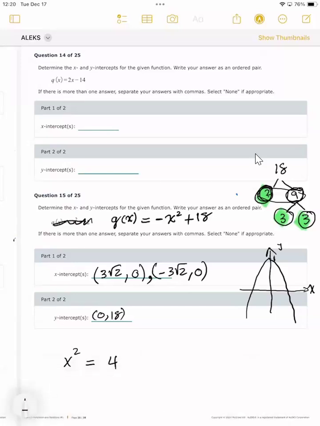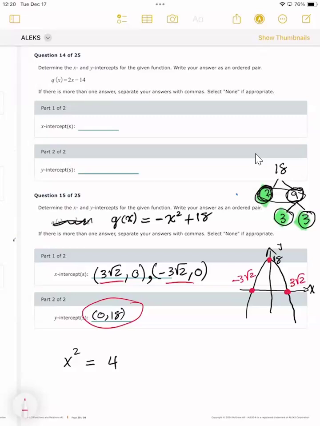This is 18. That's your y-intercept right here, where the graph crosses the y-axis at (0, 18). And these are your x-intercepts. You have 2 of them. One of them is negative 3 square root of 2. One of them is positive 3 square root of 2. The graph crosses the x-axis at those 2 points.